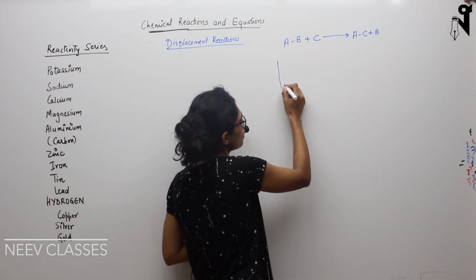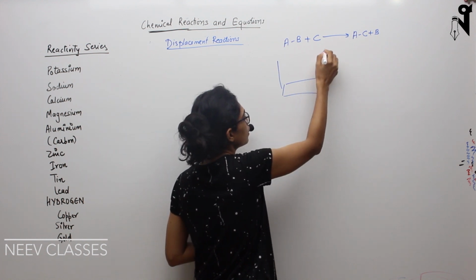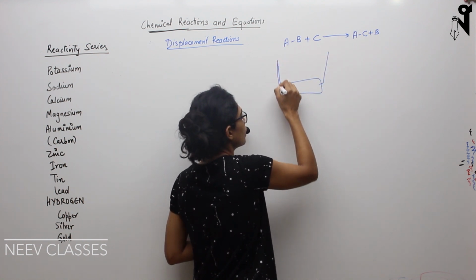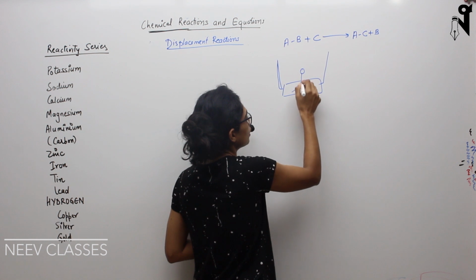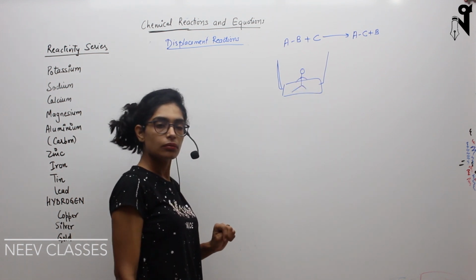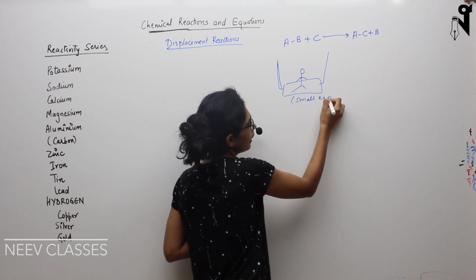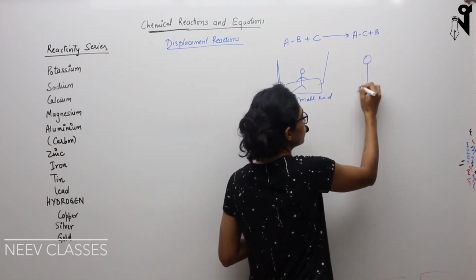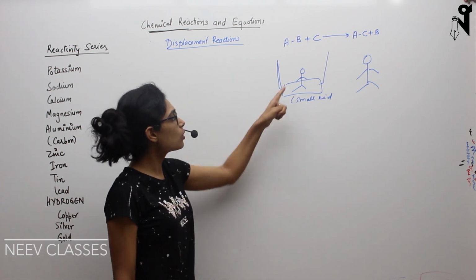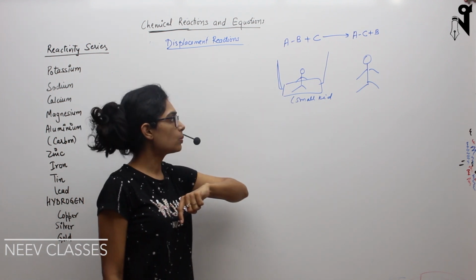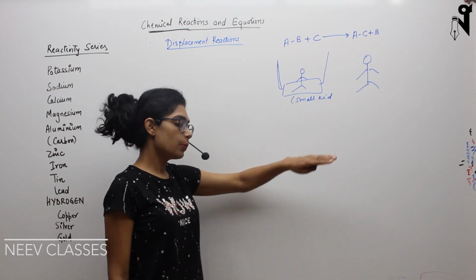Or you can also think of it in such a way. Let's assume there is a swing in which a little kid is sitting. Okay, a small kid, and then comes a big bully boy, and he wants to sit on that swing. So what will happen?